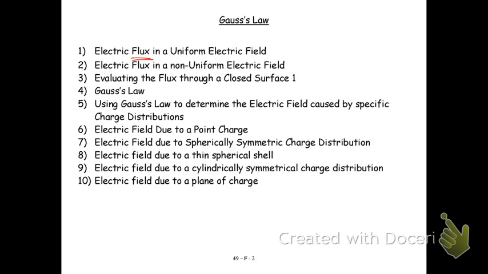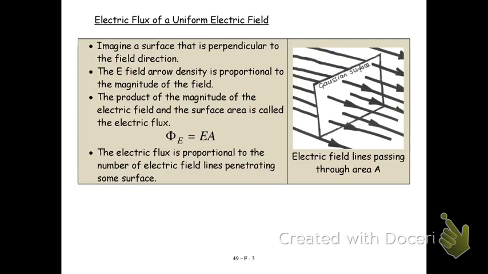So electric flux, what is electric flux like in a uniform electric field? And then we're going to do a non-uniform electric field. And then we're going to play some games with it. And we're going to talk about a closed surface. And then we're going to talk about Gauss's law. And then we do other stuff. There's no point in describing that at the moment because we're not quite there. So let's just talk about this.